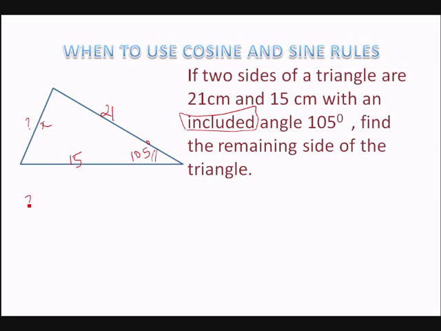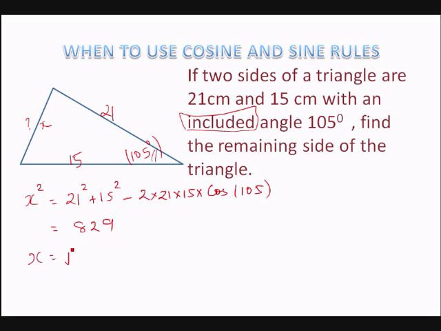If I use the cosine rule, then x square is equal to the squares of these two sides minus 2 times the same sides and cos of the included angle, which is 105. If I simplify this, I am getting the answer as 829 approximately.